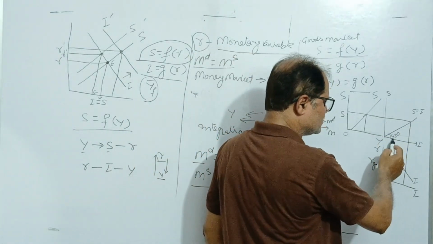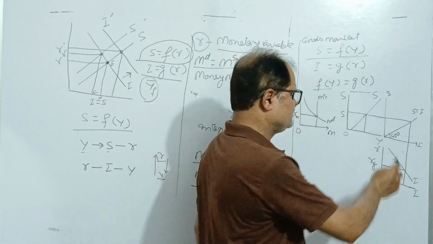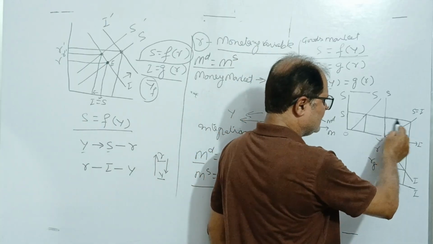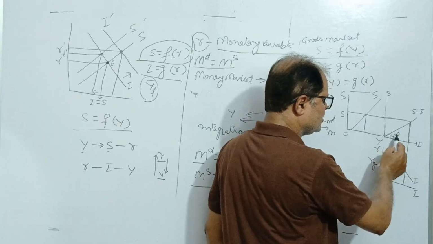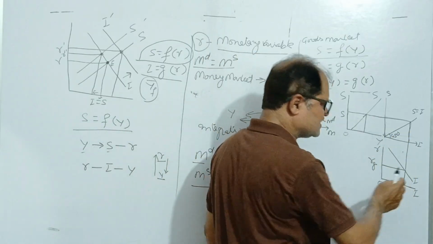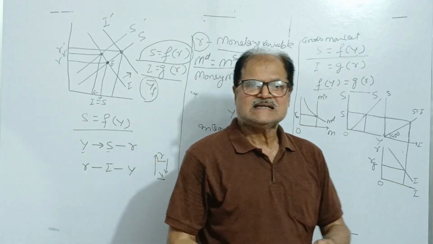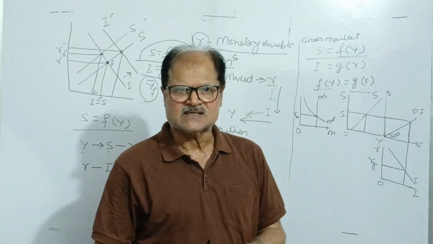In this graph, this is 45-degree line which brings equality of saving and investment. This is the saving and this is the investment. These two are equal because this is 45-degree line. And this is the investment curve which is negatively sloped, which means there is negative relationship between rate of interest and investment.